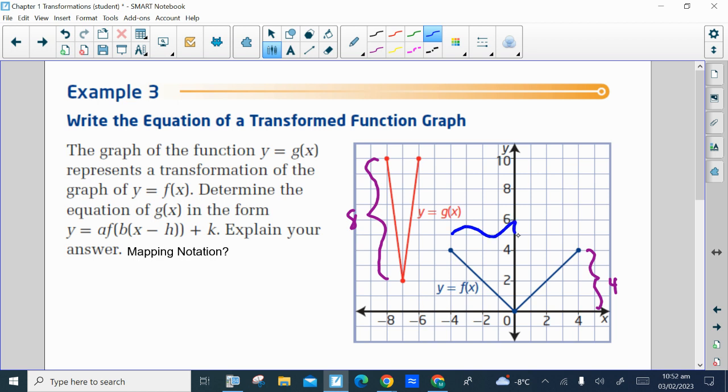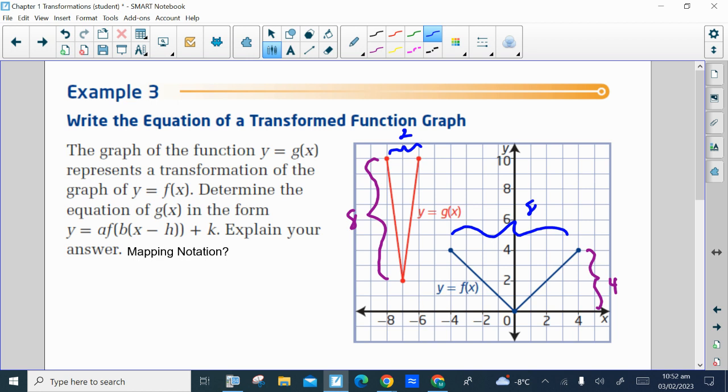This first graph has a width from -4 to +4, which is 8 units, whereas the second graph, the width is much smaller. It's only 2 units, which means that it's been horizontally stretched by a factor of 1/4, because the width of the new graph is 1/4 the width of the original. 2 is 1/4 of 8.